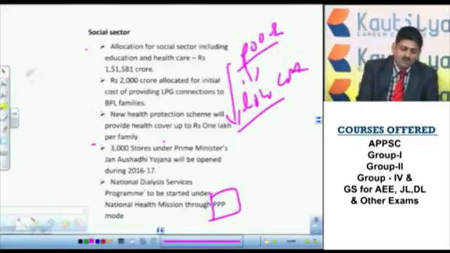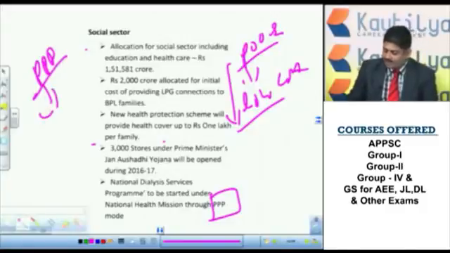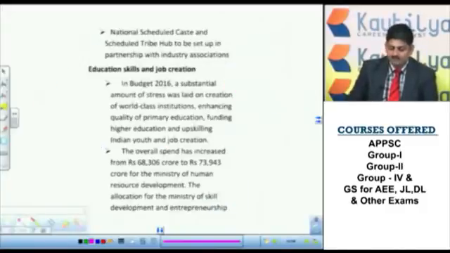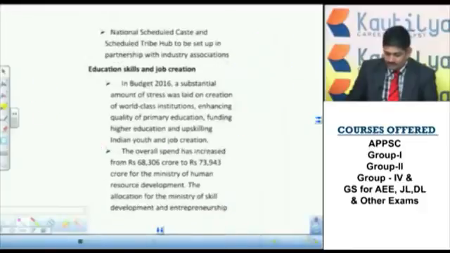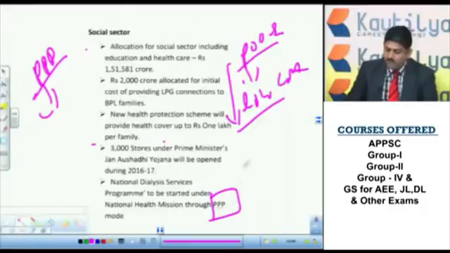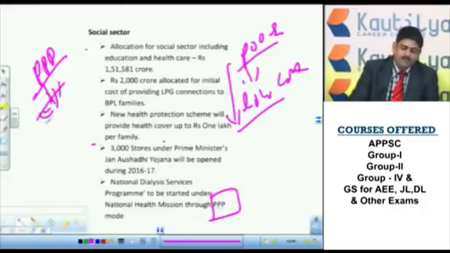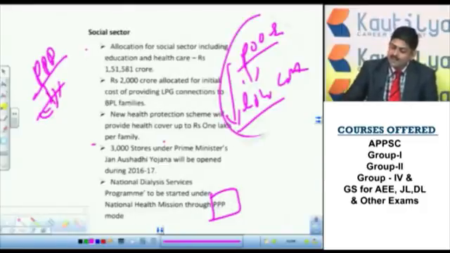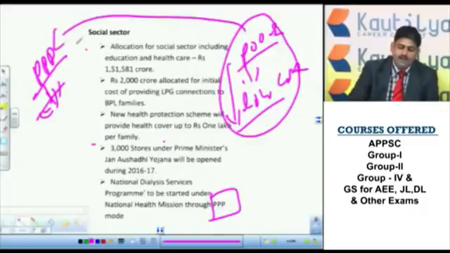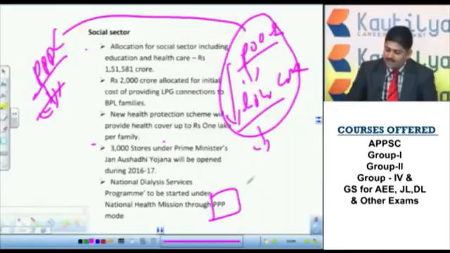What is PPP mode? Public private partnership. So private participants are allowed under this scheme. So under this dialysis, for a specified number of times it will be done at a very low price. This is important. It helps the poor people.